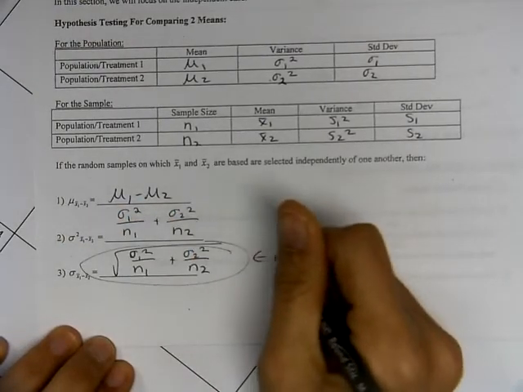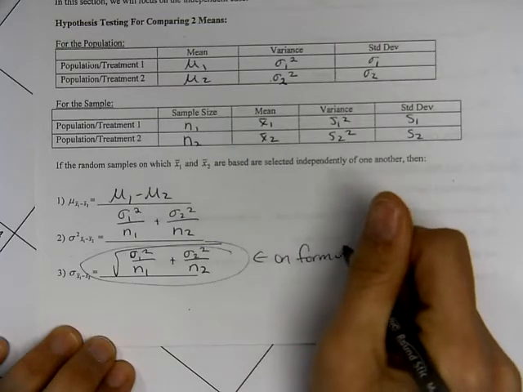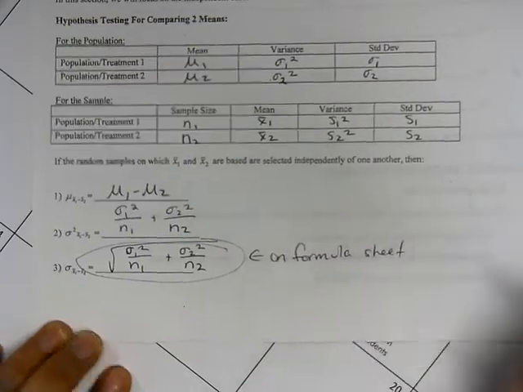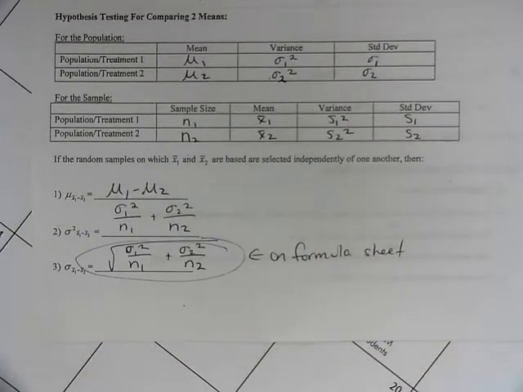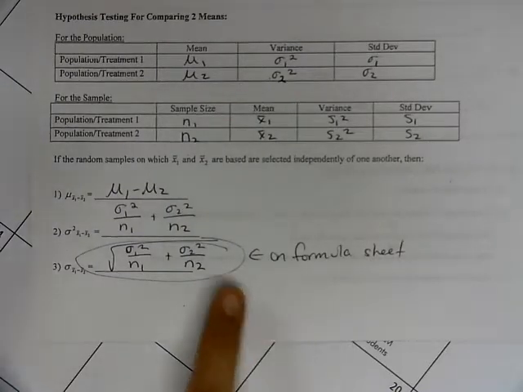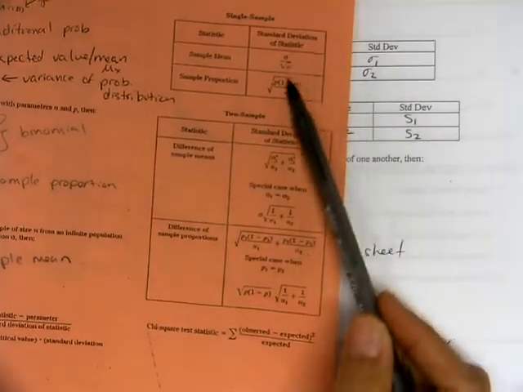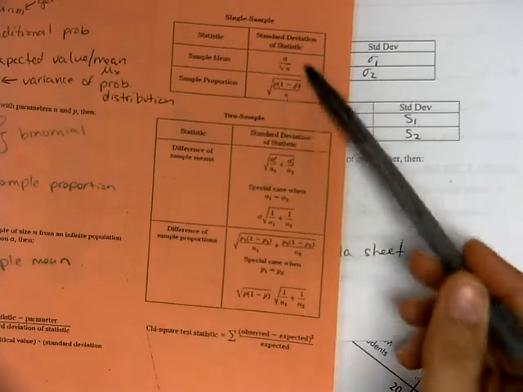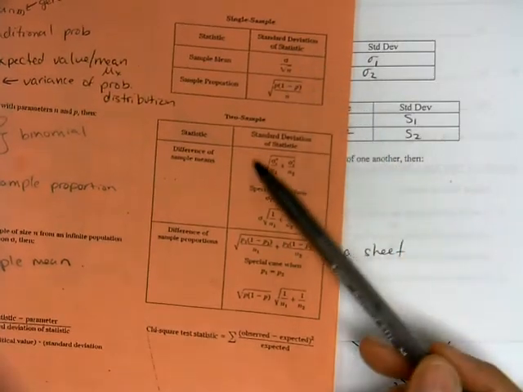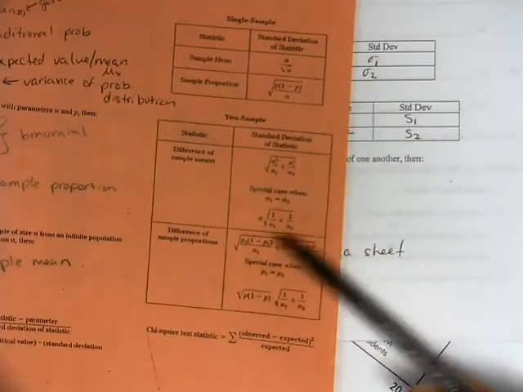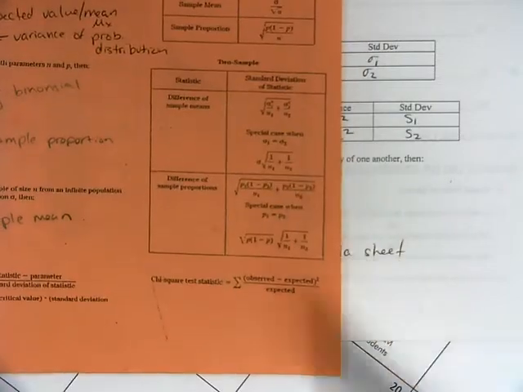This is on your formula sheet. So when we go to do our write-ups, you remember I always make you write the formula. The formulas get a little bit more complicated. But again, they're on the formula sheet. This is your new, we've been using these two in chapter 9 and 10. This is new for chapter 11 right now. We'll get to this later. And this later.